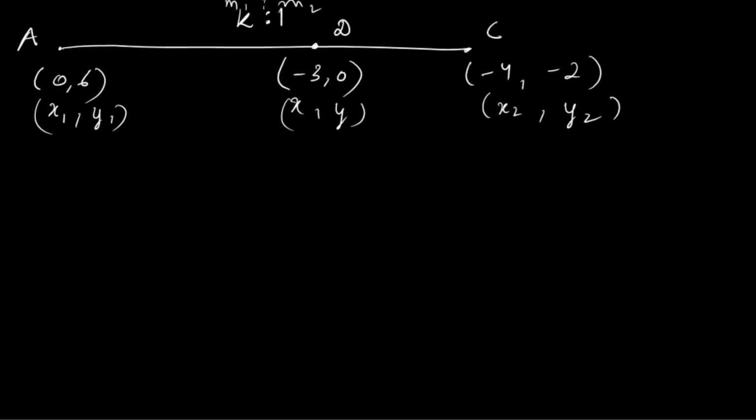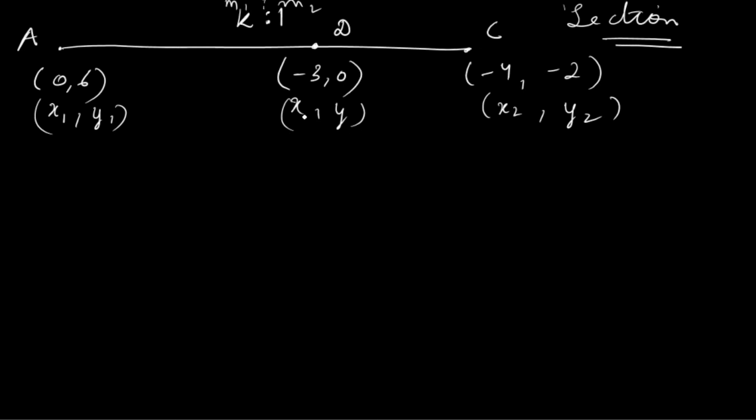The section formula we can use for either x or y, because both the coordinates are known here. I am going to use it for y, because y is equal to 0; it will be much easier. Whenever you have to find a ratio, you always have to use the section formula, for that coordinate which is given.